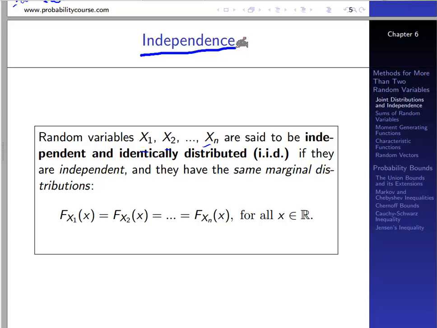Well, you either do repeatable experiments where each experiment is the same, and you try to estimate a quantity from those repeated experiments, or you take a sample from a population where each individual is drawn independently and randomly.